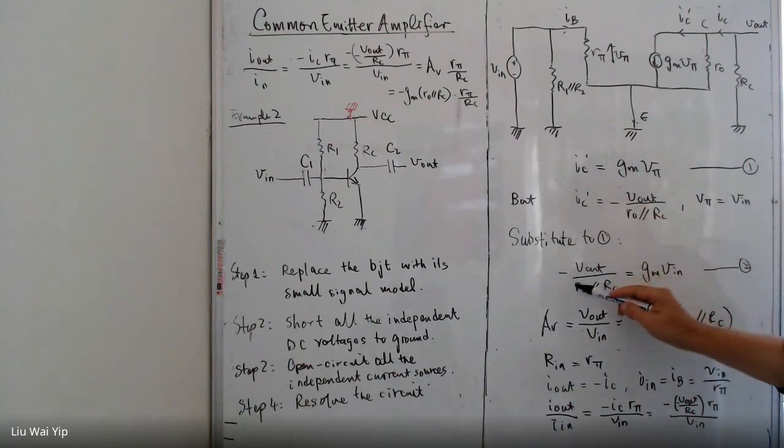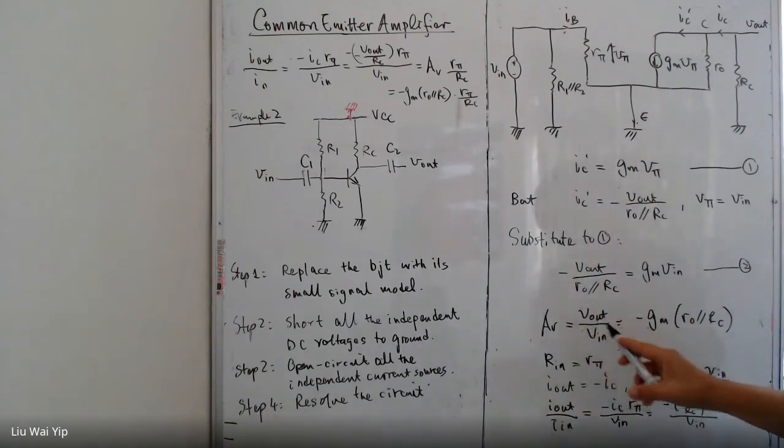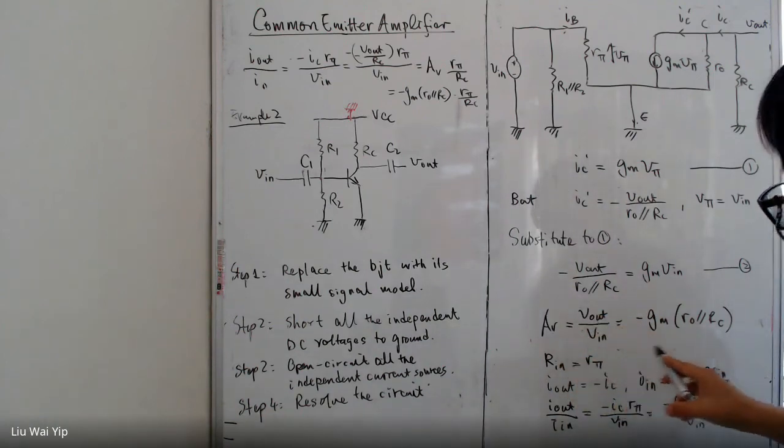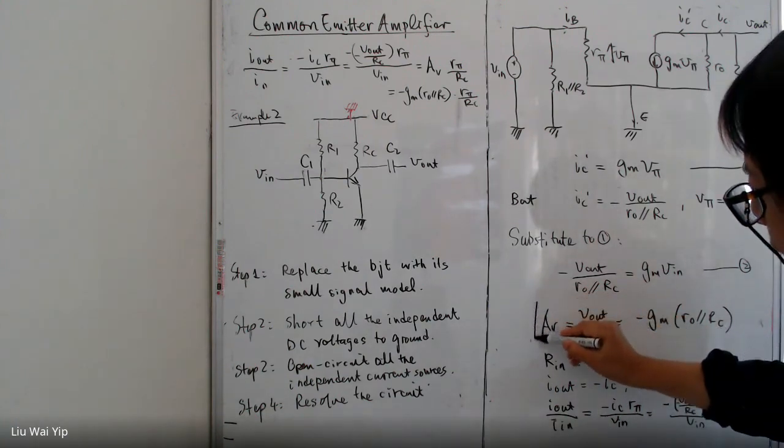So IC is V naught divided by RC. Do not forget the minus. And gm is here, and V pi according to this definition is equal to V in. Okay, so this is equation 2. Like what we did before, you automatically found the voltage gain. So there is no difference at all.